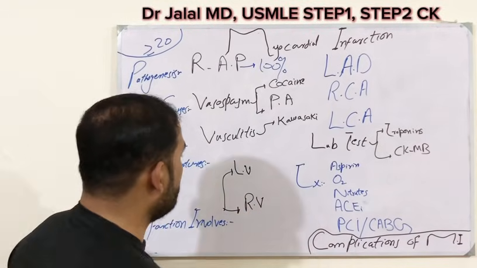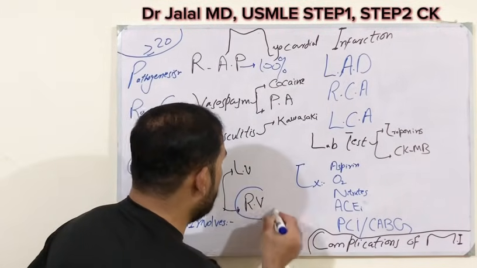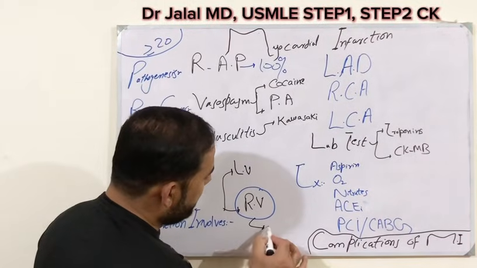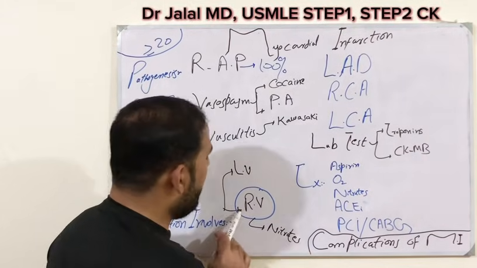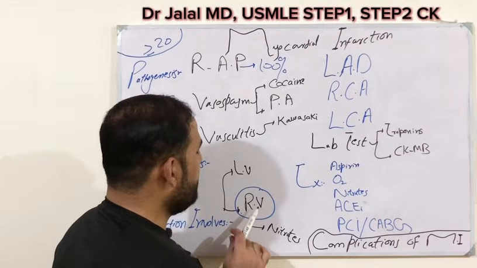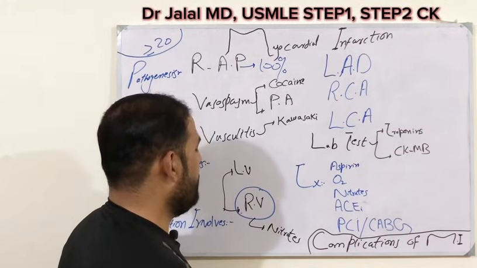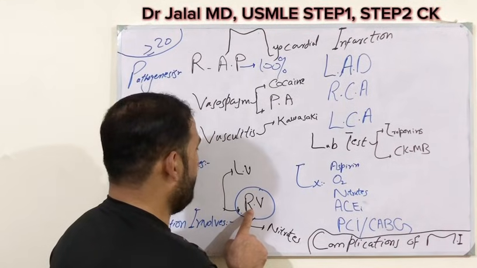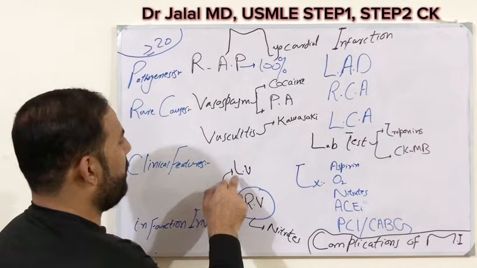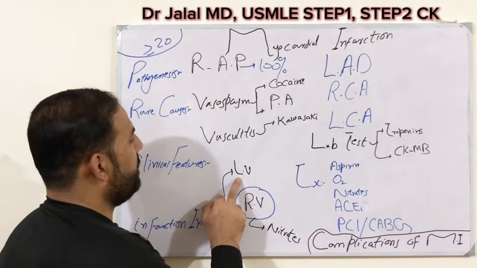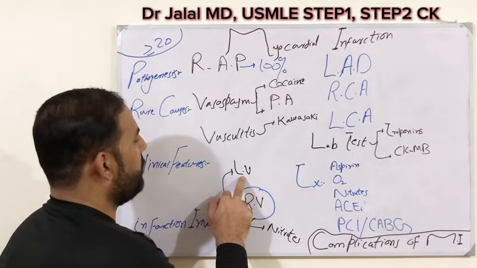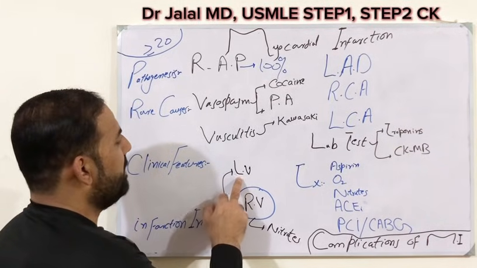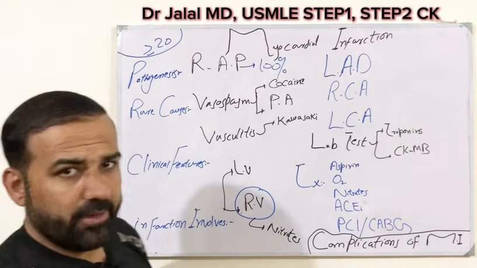You have to really rule out right ventricular infarction because we want to avoid nitrates. So we have to avoid nitrates in right ventricular infarction, and we have to give lots and lots of fluid. Contrastingly, if you have infarction of the left ventricle, you have to avoid fluid overload because the patient might already have left ventricular failure.